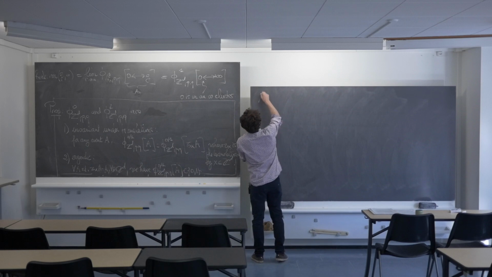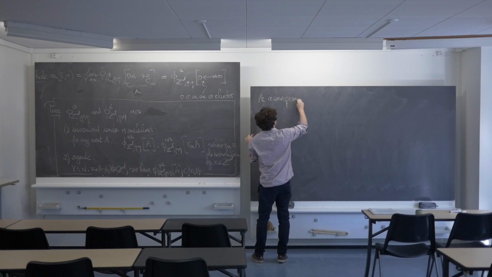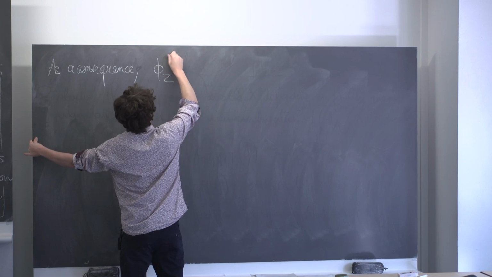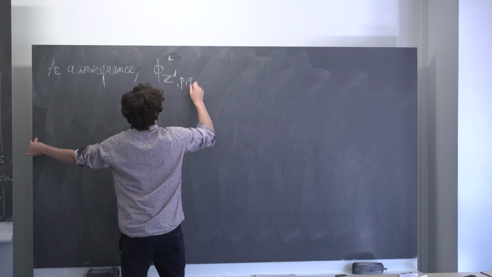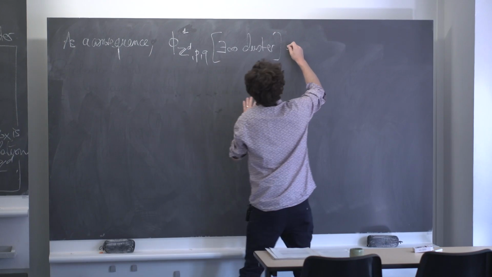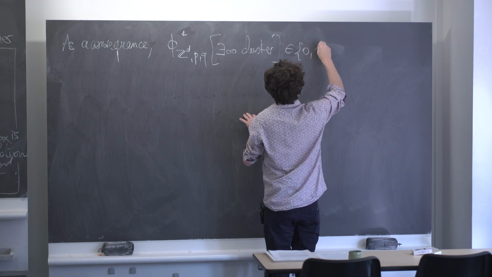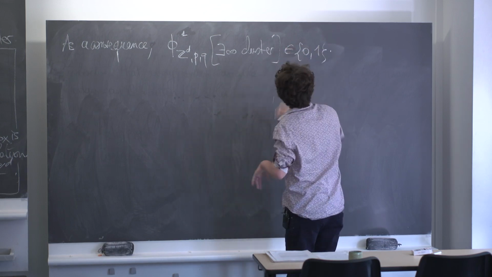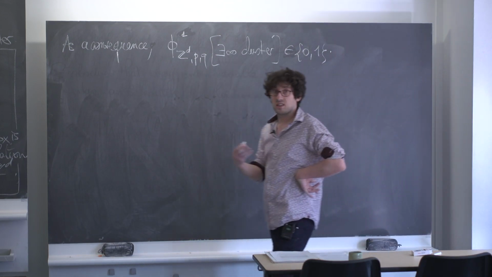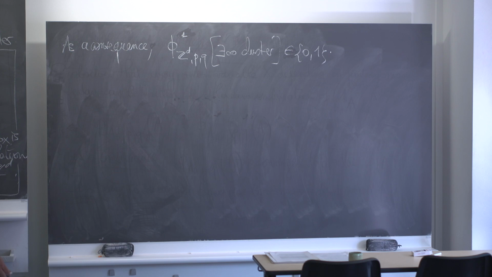So as a consequence, before I prove this property, phi^1_{Z^d,p,q} of there exists an infinite cluster belongs to {0, 1}. Why? Because the existence of an infinite cluster is clearly an event which is invariant under translations.